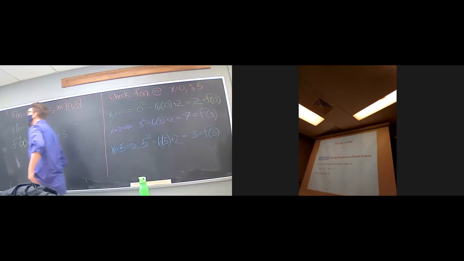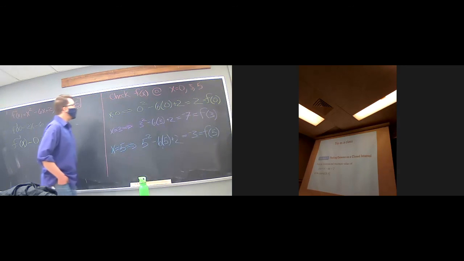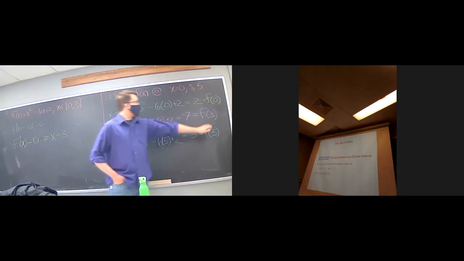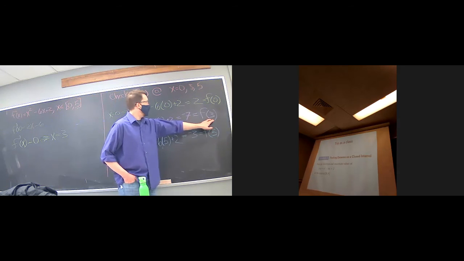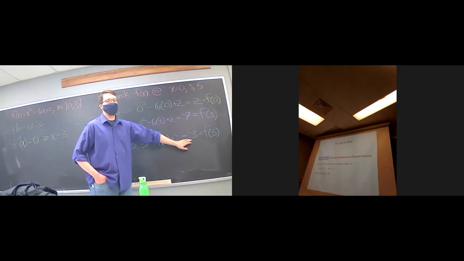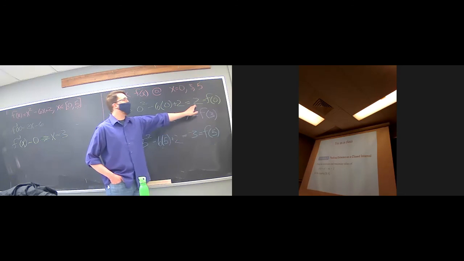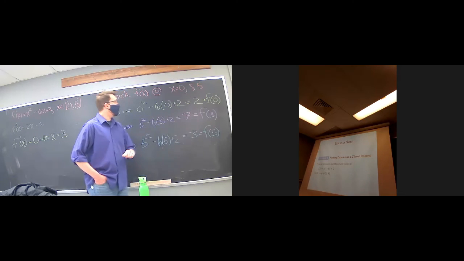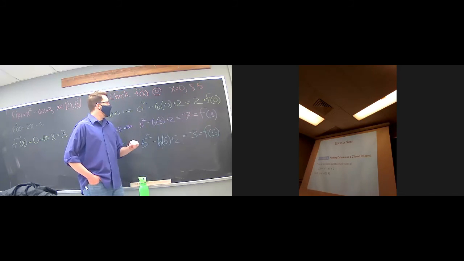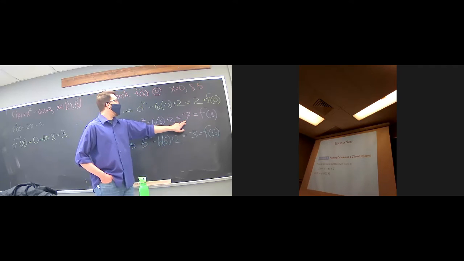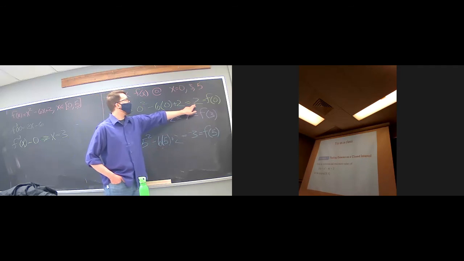So what we know from this is that our absolute min occurs at 3, because -7 is less than -3, and certainly less than 2. And we know that our absolute max has to occur at x equal to 0.